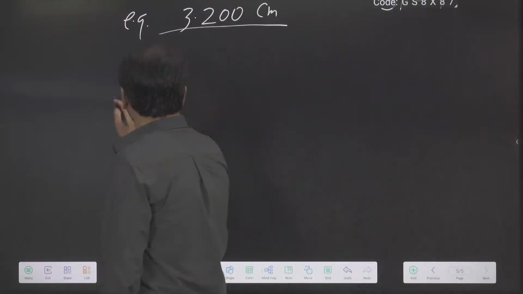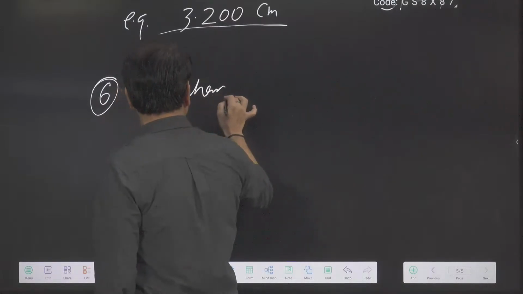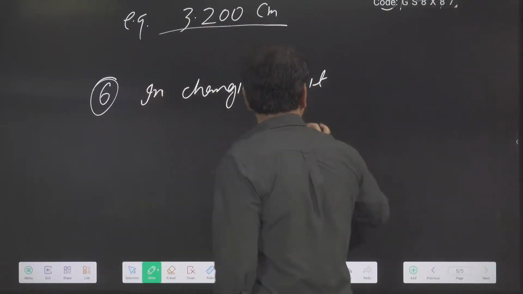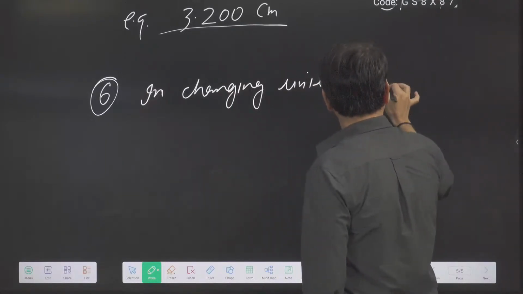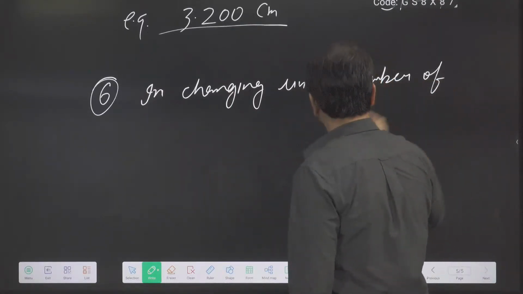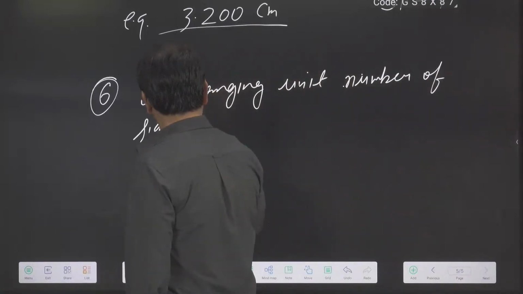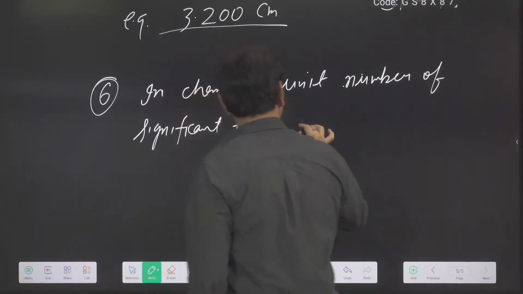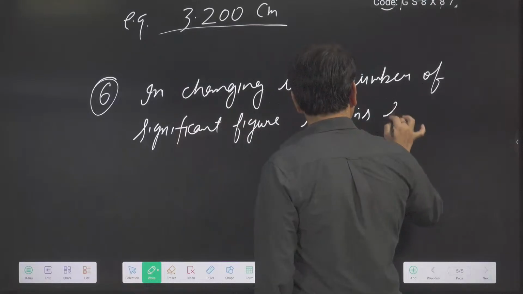Okay, last rule. In changing unit, the number of significant figures remains the same.